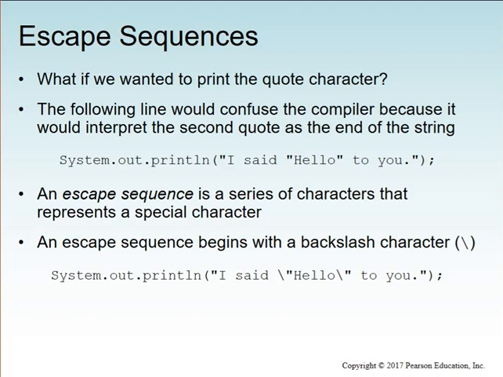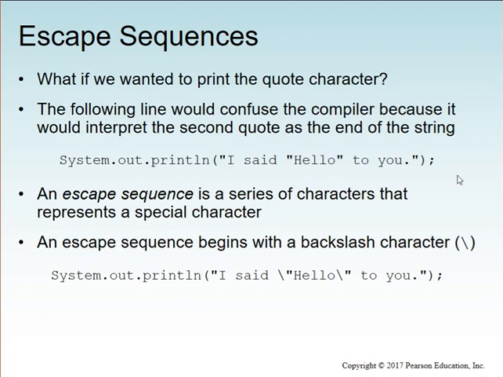If I write my Java code exactly as it is here on the screen, System.out.println, I said hello to you, with hello in quotes, the compiler is going to complain here, because it's going to think this second quote, just before hello, is matched with the first quote, and that's where the string ends. And what's it going to do with the other two? It's got no command to do anything with these, so it's going to complain, and your program won't compile until you fix it.